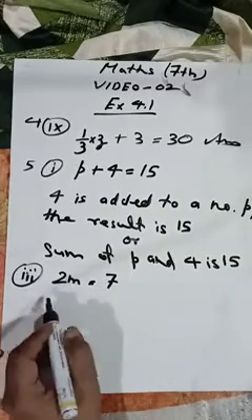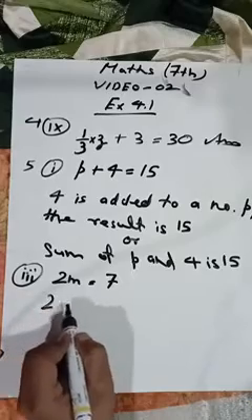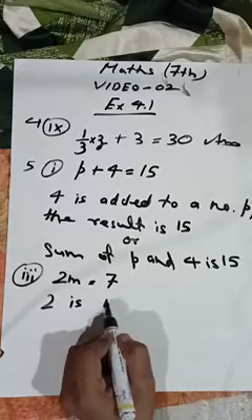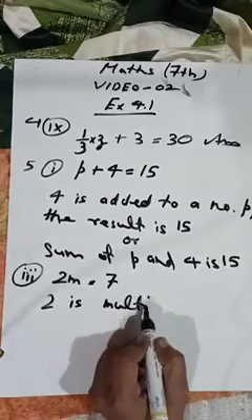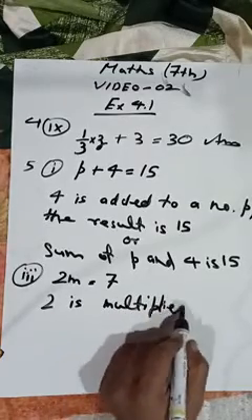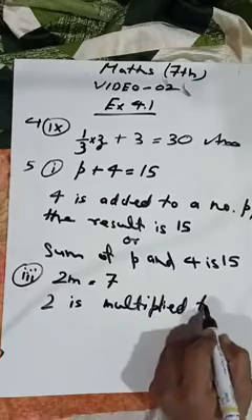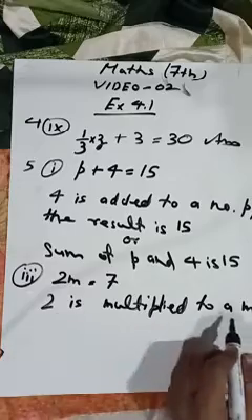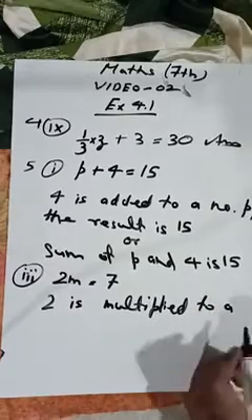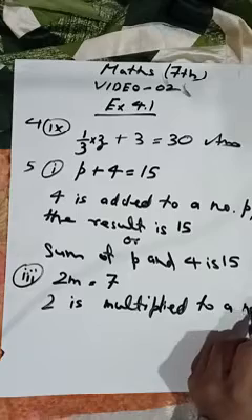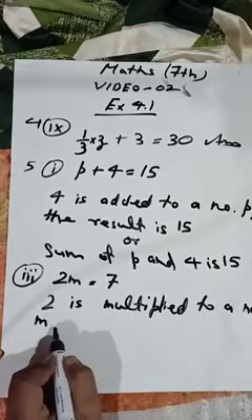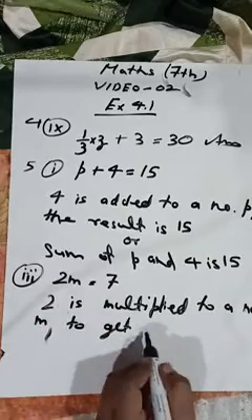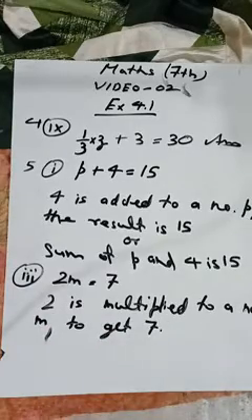So here we can write 2 is multiplied to a number m to get 7. So likewise we can do.